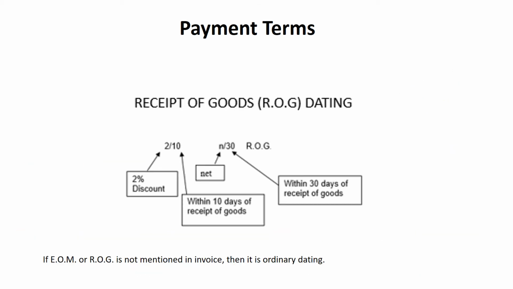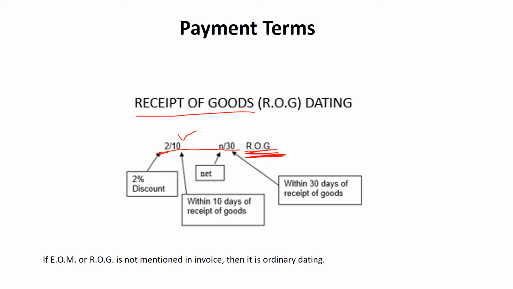Another payment term is ROG dating. Here we start counting the days from the date of receipt of goods, right? Receipt of goods dating. So the terms here are 2/10, N/30, and it comes with ROG. So we'll start counting days from the date of receipt of goods.